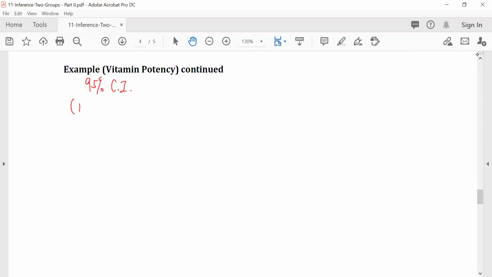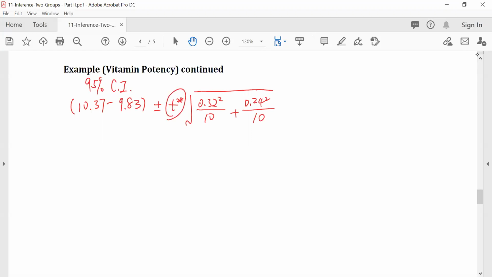We will have y1 bar minus y2 bar plus or minus the t critical value times the square root of s1 squared over n1 plus s2 squared over n2. So the thing that's left unknown is this t star value. Now let's take a look at how we could find it.